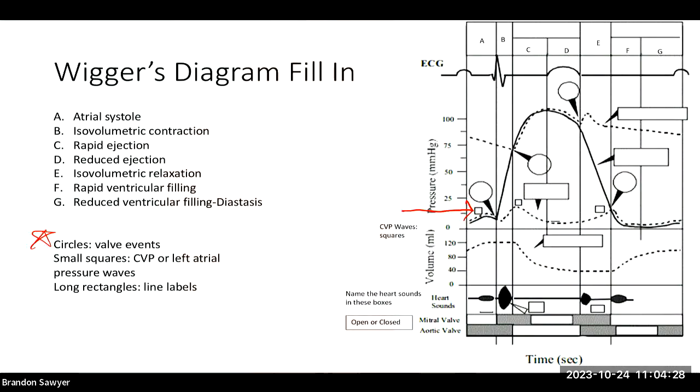The big thing we're looking at here, these are the heart sounds, right? And the circles are really what I want you to focus on. So when our ventricular pressure exceeds our aortic pressure, what kind of valve event would be happening there? That's what you're walking through. Spend a couple minutes with that right now, see how much of that you can fill in, and then we'll come back together and see where we're at and keep going.